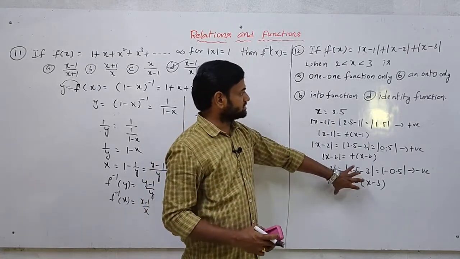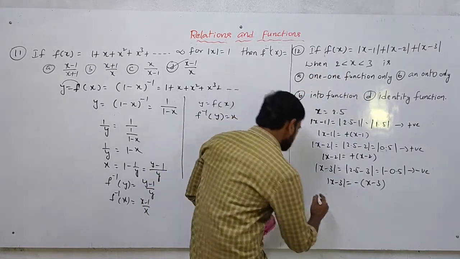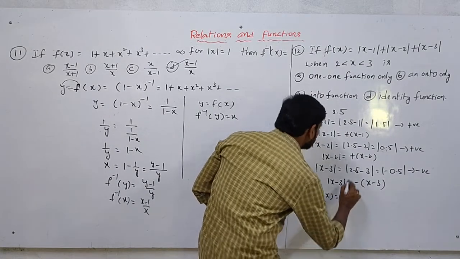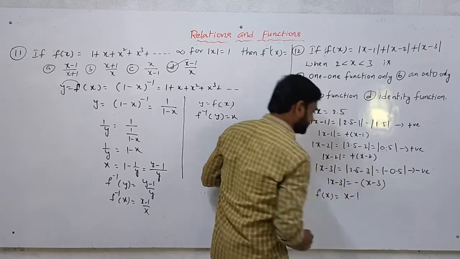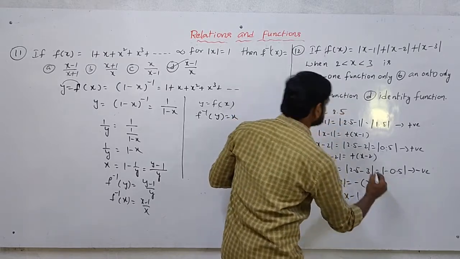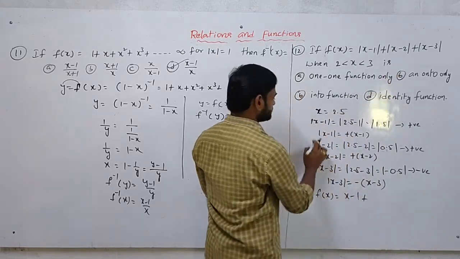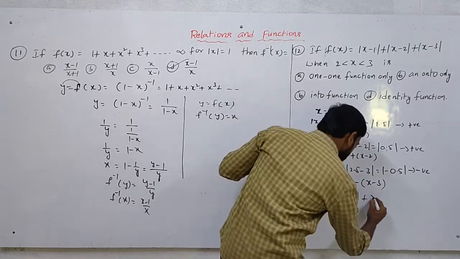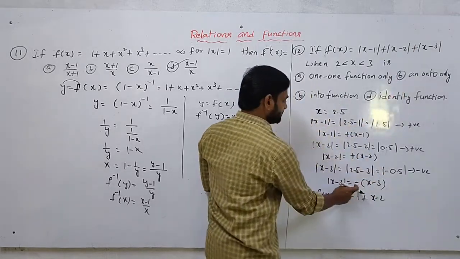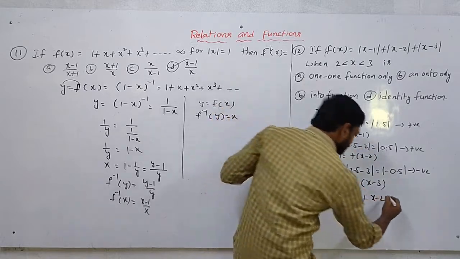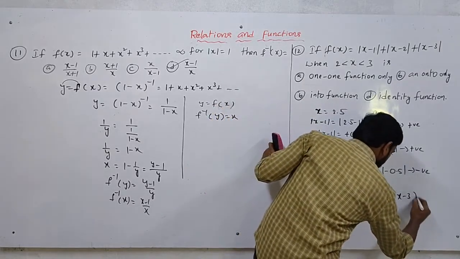Now substitute. What is f of x now? Mod of x minus 1 is plus x minus 1. Clear? Plus mod of x minus 2 is plus x minus 2. Clear? Next, mod of x minus 3 is minus of x minus 3.